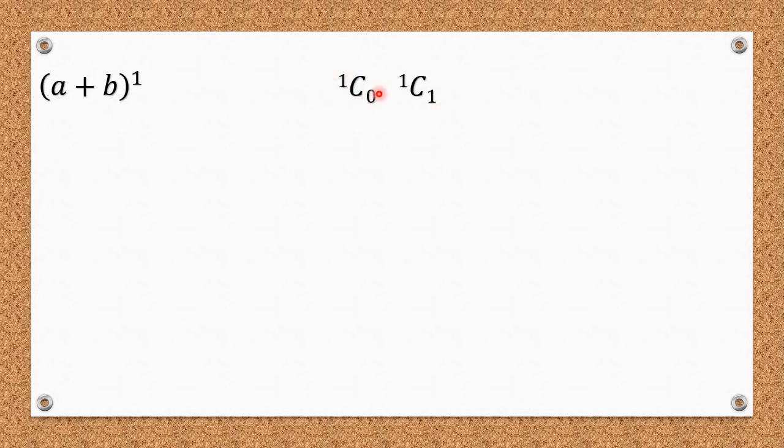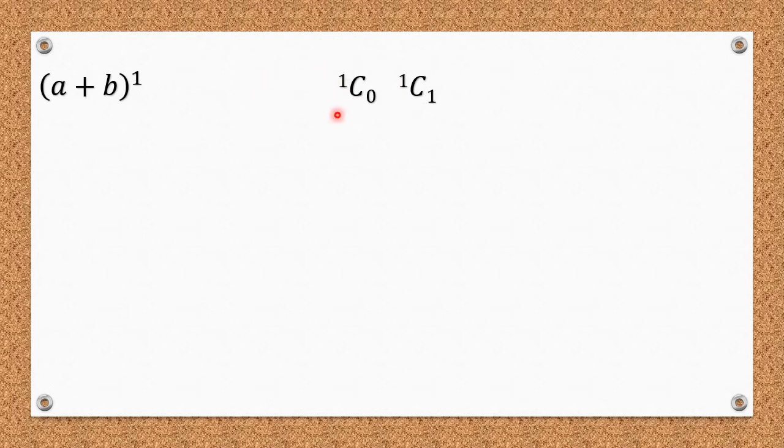I can take 1C0 or I can take 1C1, because this value cannot be less than 0 and cannot be more than 1. If I have 1 here, I can't take 2 or 3 or 4 or 5. This is nCr, so it can be nC0 or nCn and anything between that, but nothing more, nothing less.